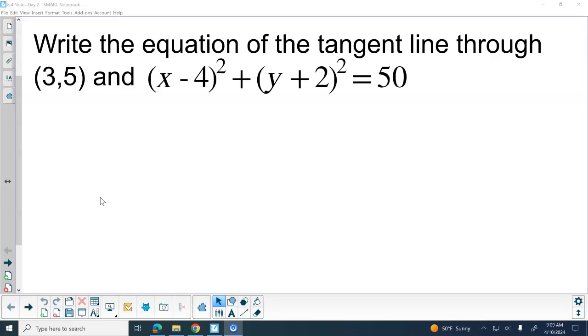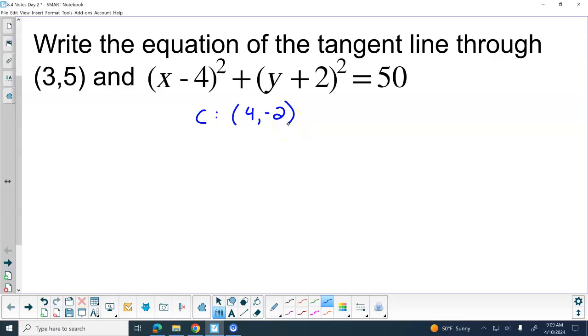Let's do this one. All right, here we go. What can you tell me about this circle? Okay.